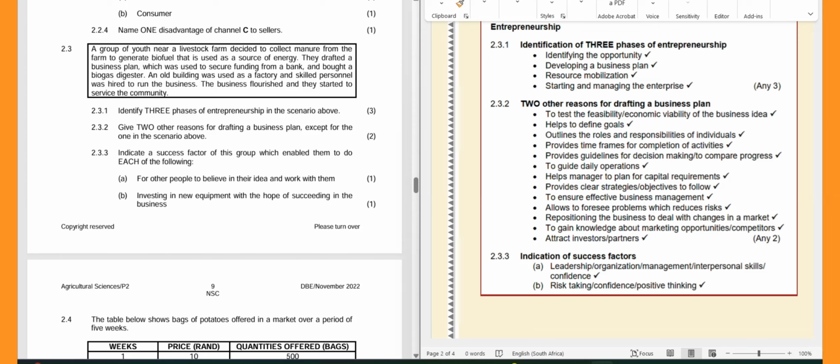We want to know which resources and what operations will be involved in the daily operations of the business. That is to guide the daily operations of the business, right?